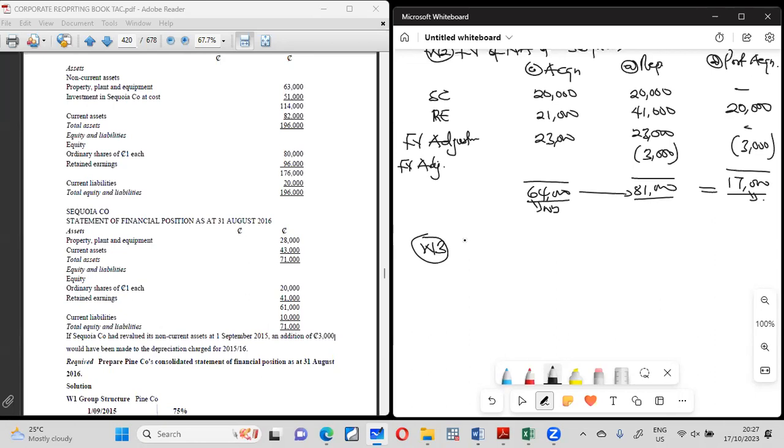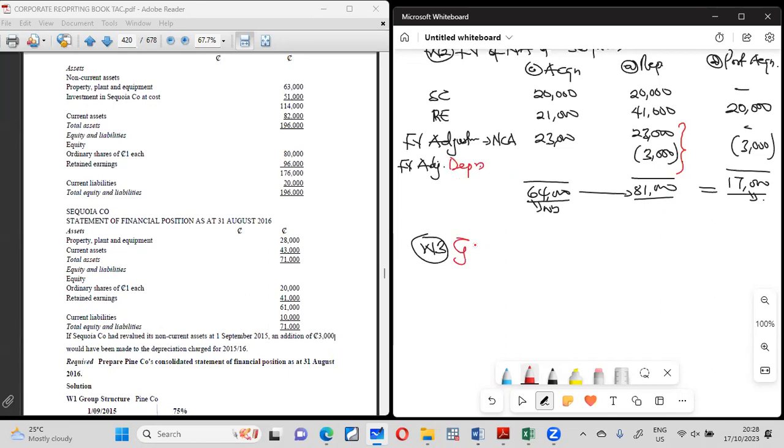Don't forget, these are adjustments that affected NCA. So all these reporting adjustments will affect our balance sheet preparation.